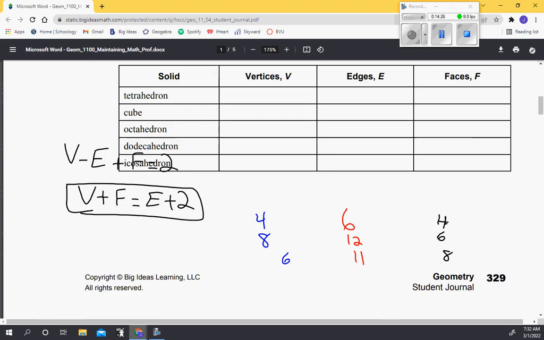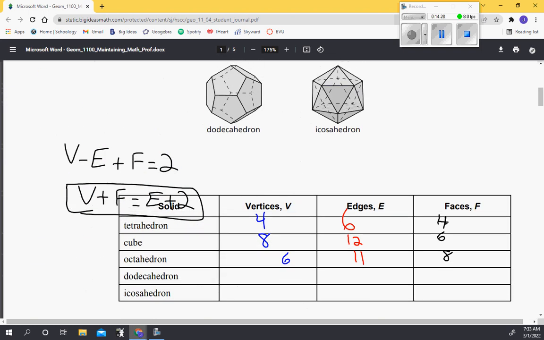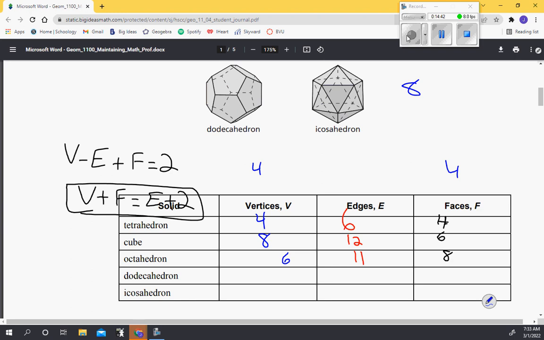So if we go up top here, vertices plus faces, if we took 4 and 4, which is 8, is that equal to edges 6 plus 2? In that first example, yes.